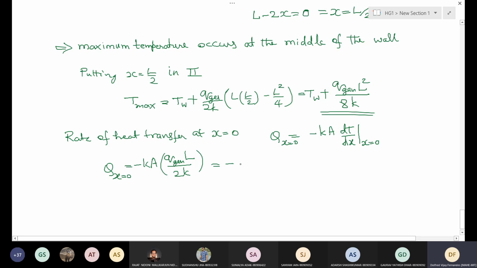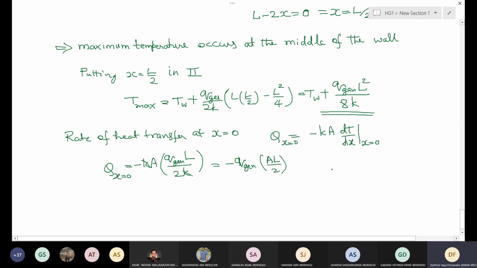So this is negative. Why? Anybody can tell me? K will cancel out, so K is not there. So we have Q generation into A into L divided by 2.